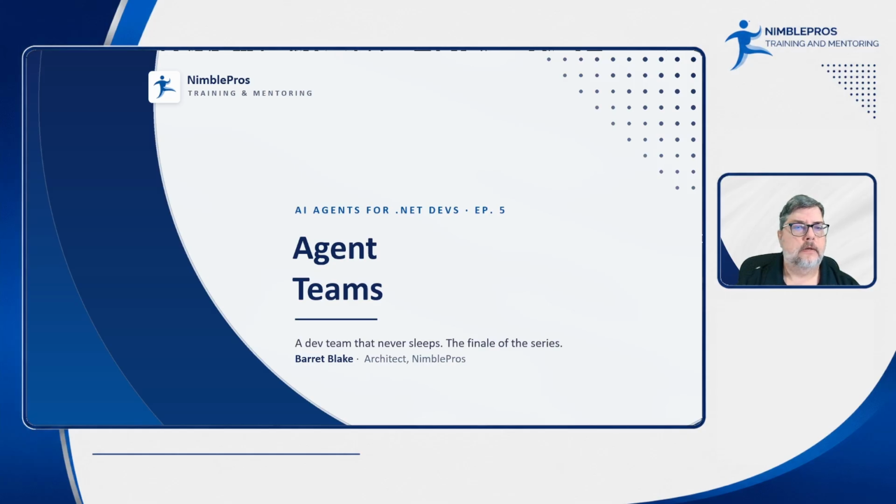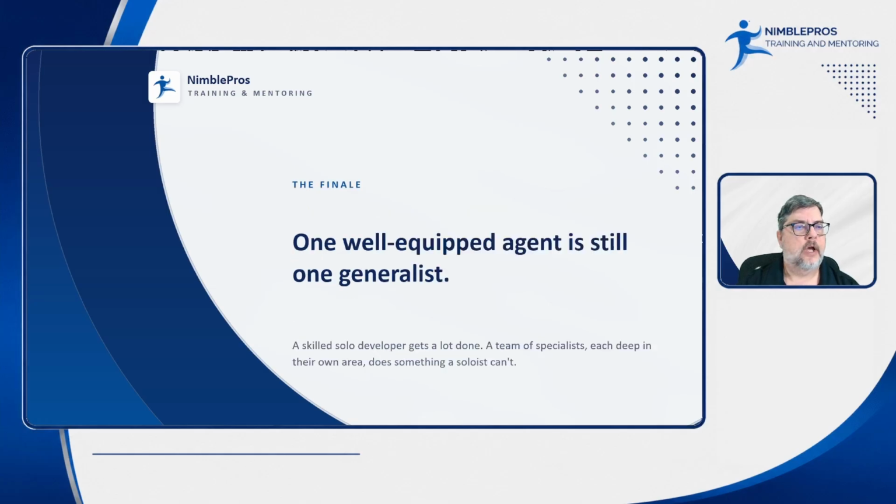And we brought it all together in the 4th episode, but it's still a single agent, and that agent still has a problem. That agent is a generalist. Just as with human developers, if you have one developer and that developer is a generalist, they do a pretty good job and they can get through things.